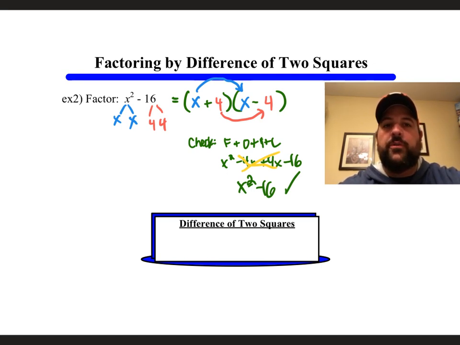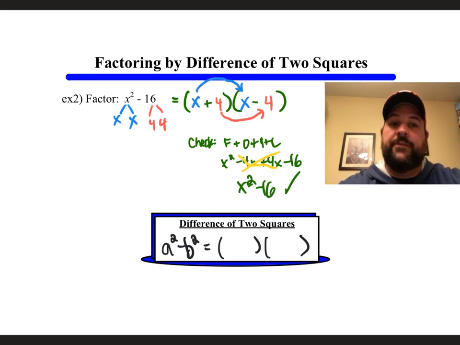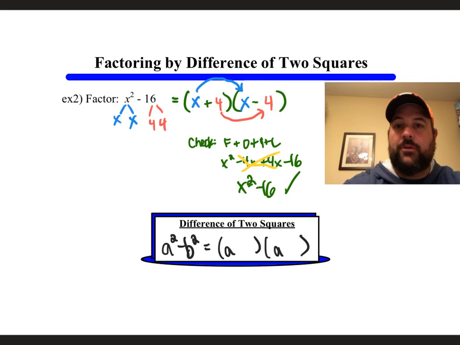What we're always going to do is, if I have a squared minus b squared, no matter what those perfect squares are, it's always going to split into two binomials. We're always going to put the square root of the first term in the first spot in each set of parentheses.